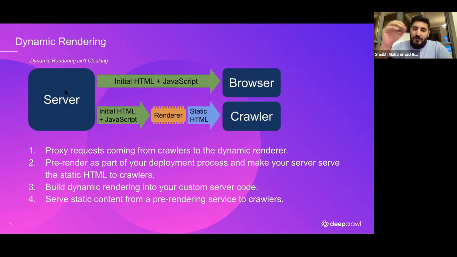But for the crawlers, you introduce a renderer in between. There are a lot of renderers, so you have to choose one depending on your tech stack. If you're using React, Next.js, or Angular, you have to find a compatible renderer, which will sit in between the crawler and your server, and it will render the content just for the specified crawlers for you.